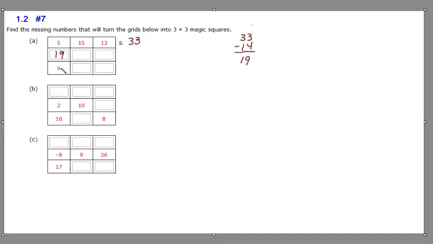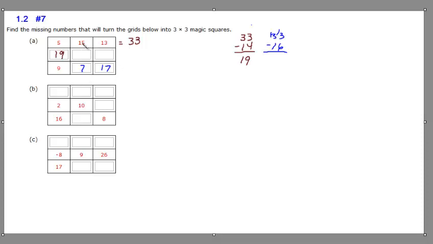I have to pick a number that's different than that. So I'll just pick a 7, see how that does. 9 and 7 are 16, and if I do 33 minus 16, that's going to be 17, and there's no other 17, so that's okay.